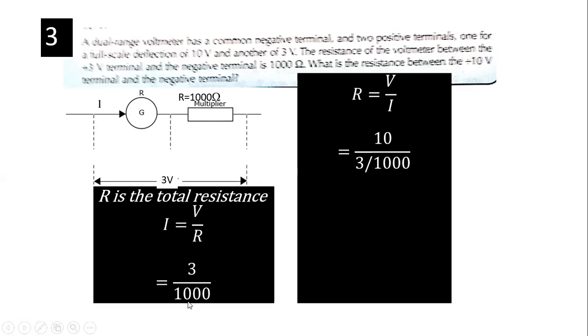And then there's your current. You know this is a meter, so the current is fixed. It cannot go more than that. So that's the current that you have calculated, 3 over 1000. So it's times 1000 here, times 1000 here. Cancel the 1000, you get that. So it's 3.3 kilo ohm.